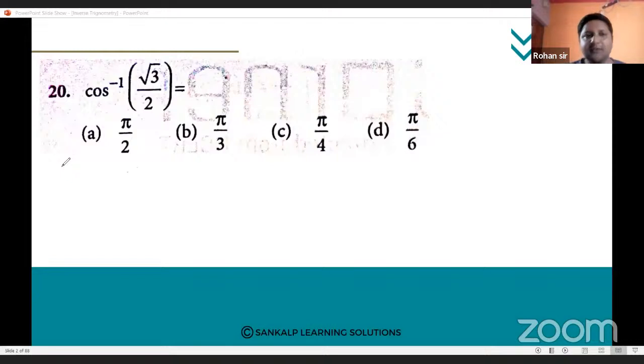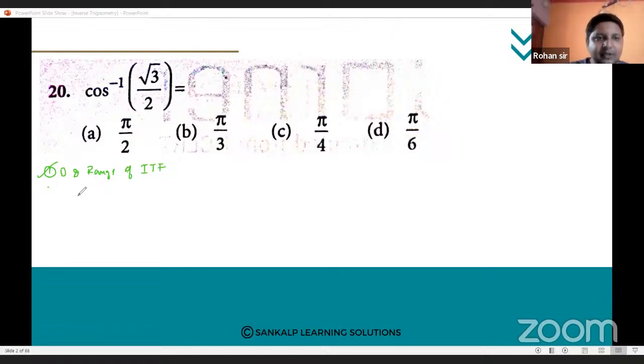First, you need to know the domain and range of inverse trigonometric functions, ITF. This is your homework: just go through the domain and range column.